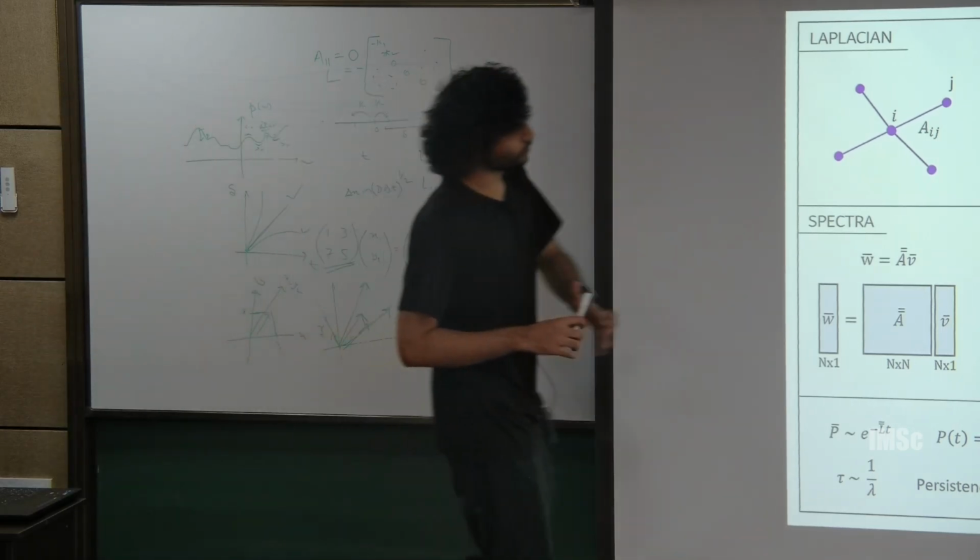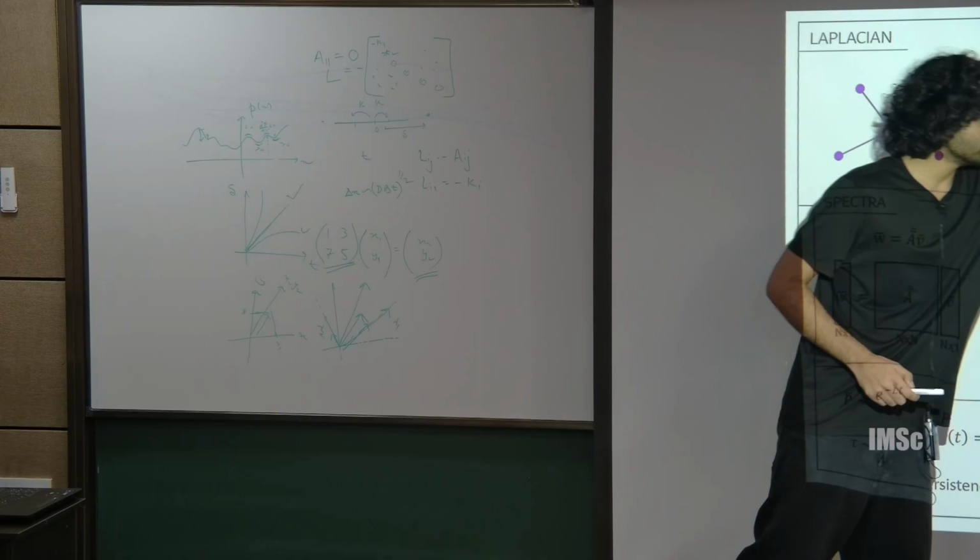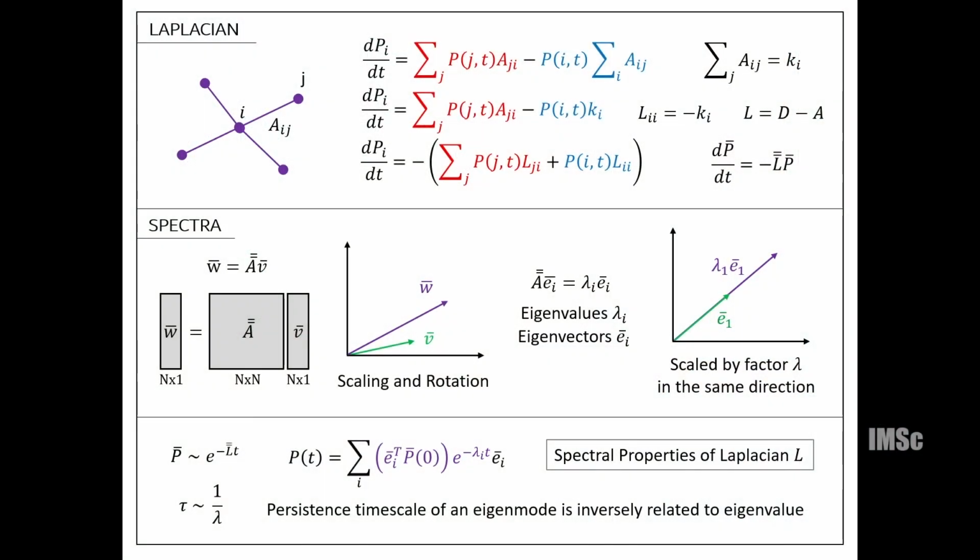So if you want to solve an equation like this, you can write down the initial vector p. So p tells you the density at every node. It's a vector, right? You can take the overlap of that vector with all the eigenvectors, which is this term.